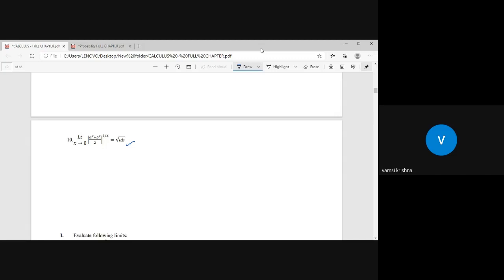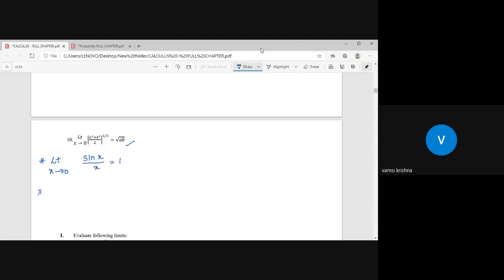What are the different formulas we discussed now? We discussed formulas like limit x tends to 0, sin x by x is equal to 1.